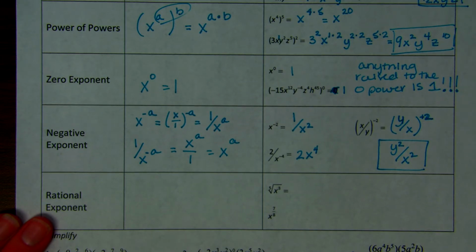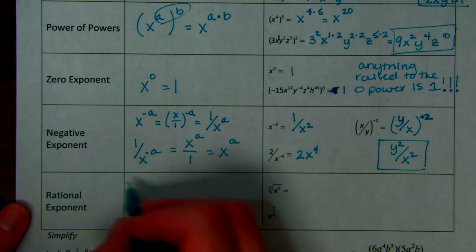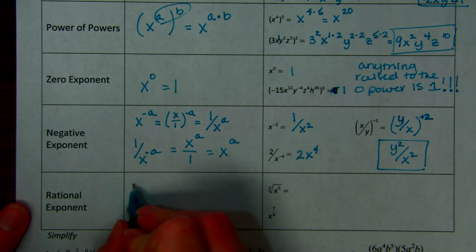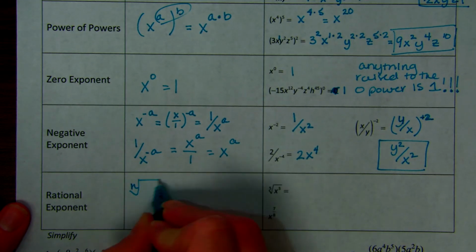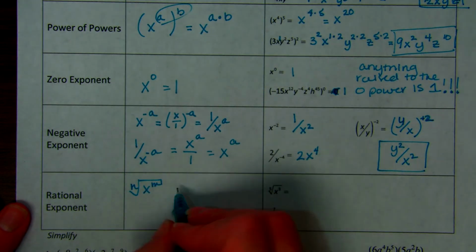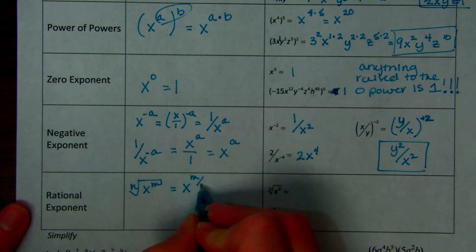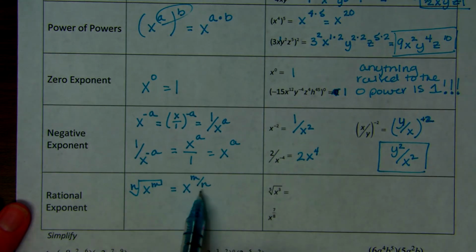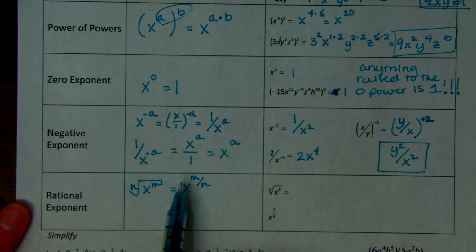All right, last property is rational exponents. And remember that you can write roots as exponents and exponents as roots. So if you have the nth root of x to the m power, that can be written as x to the m over n. So the root goes to the bottom and the power goes to the top.